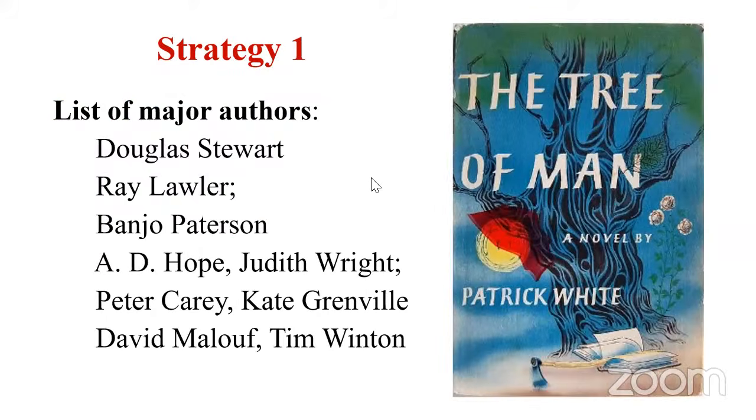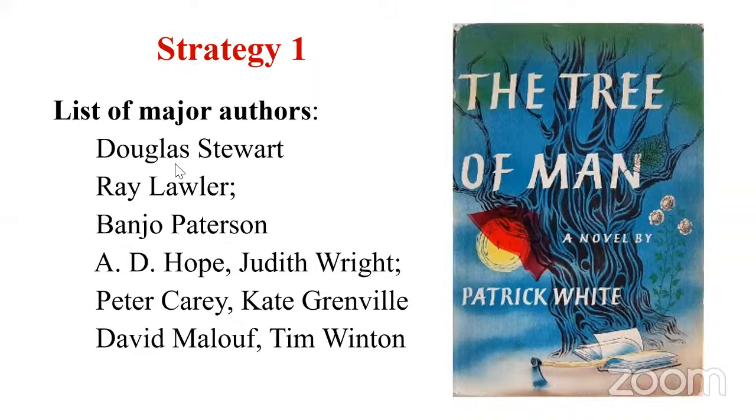So I would say strategy number 1, make a list of authors. When you focus on Australian literature or Canadian literature, you should always have a list, or as I told you before, if you have a solid syllabus in your UG or PG or any prominent colleges, get that syllabus and go through the prescribed authors and works. So I'm giving a list of prominent authors, maybe just a few from Australian literature.